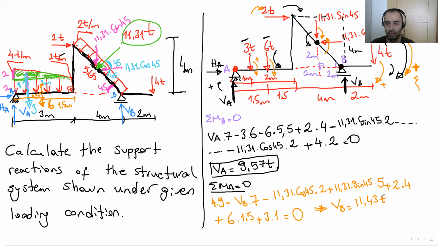That's it. Now we have vertical A and vertical B. We did this one, this is checked. But we have one more here: horizontal A.